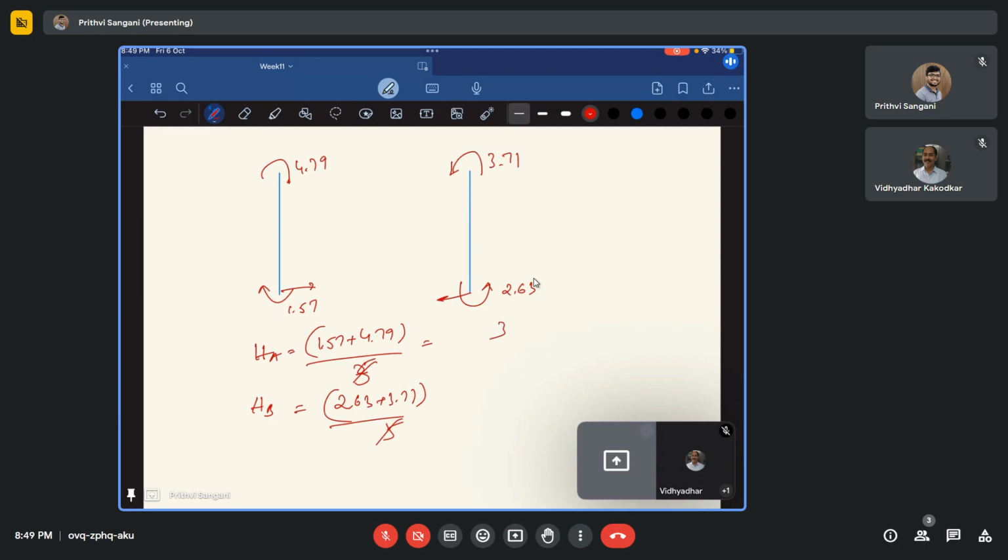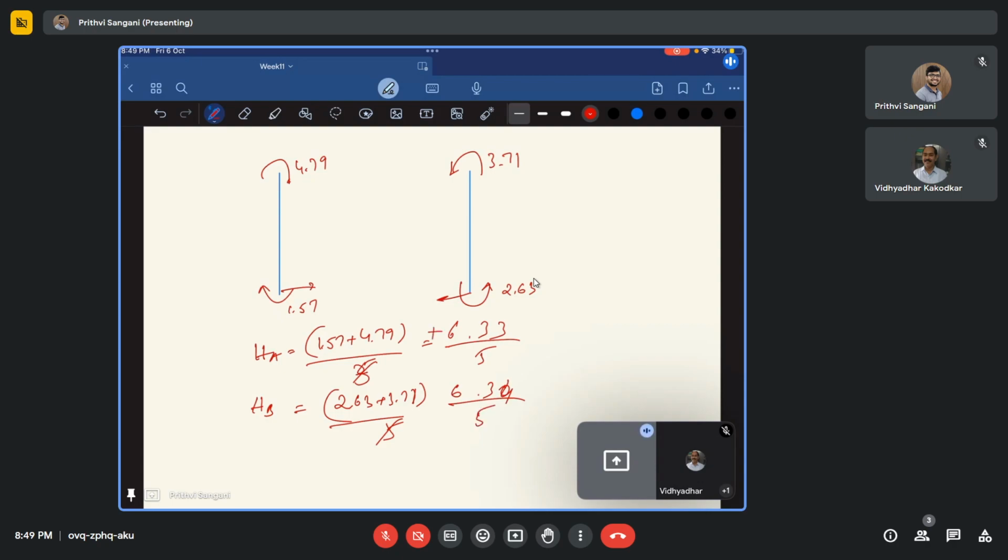So this is 6.33 by 5, and this is 3.71 plus 2.63, 6.34 by 5.